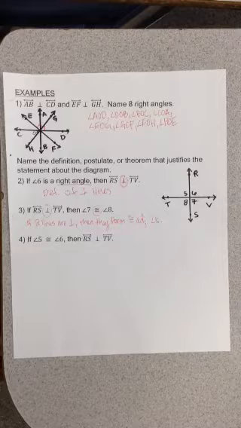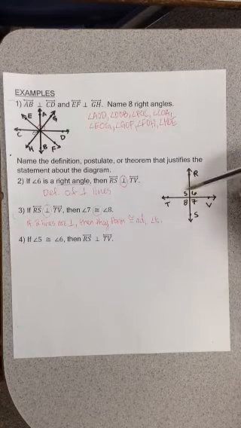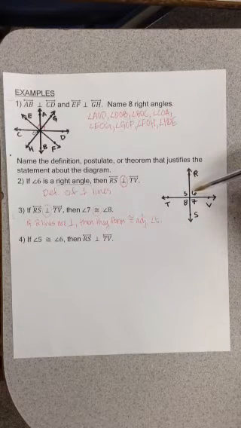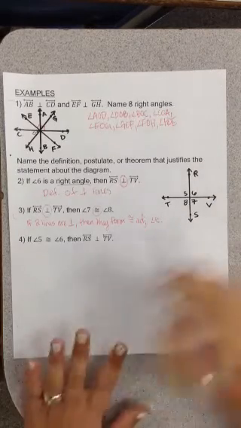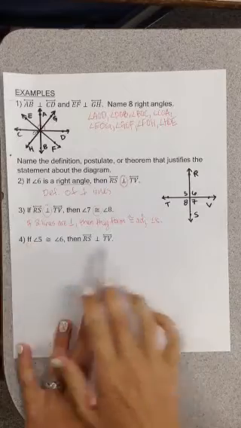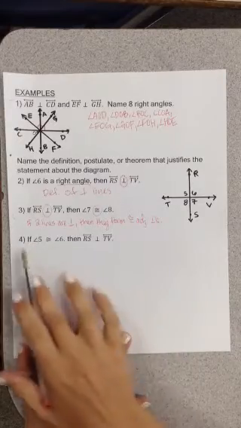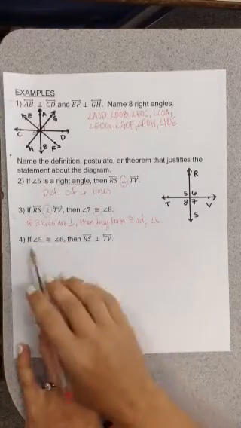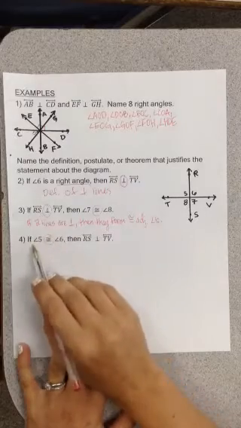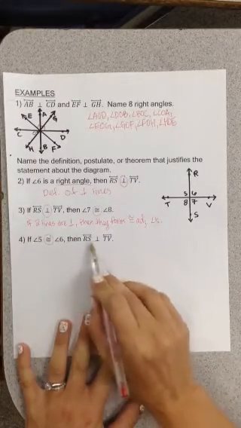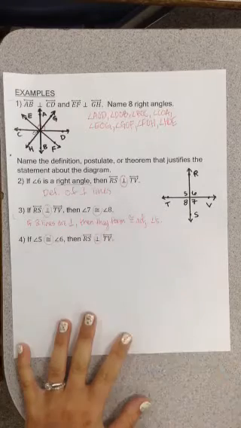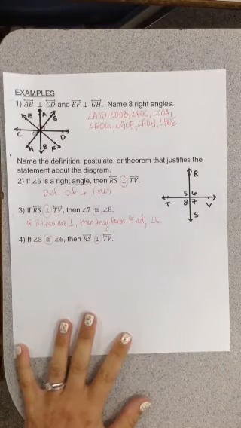Okay, last one, number 4 says if angle 5 is congruent to angle 6, then RS is perpendicular to TV. When you're looking for what could justify this, remember it needs to be in this same form. If something about angles being congruent, then something about lines being perpendicular.